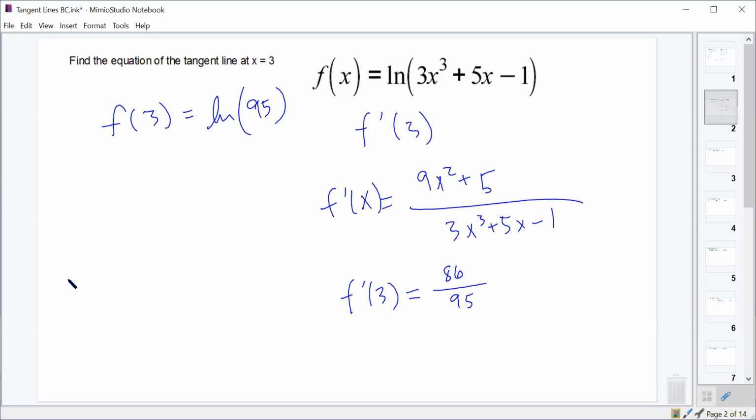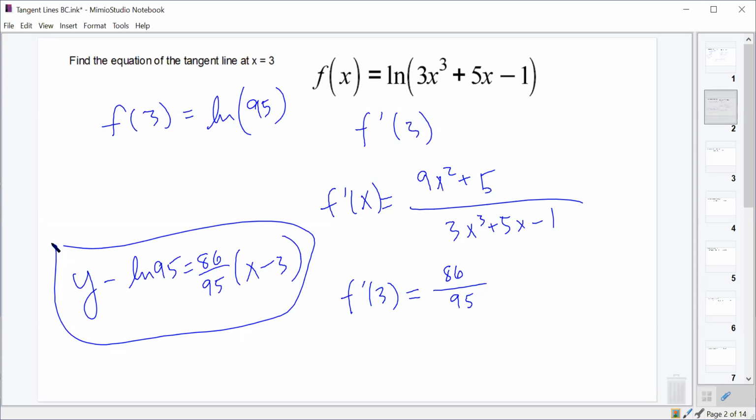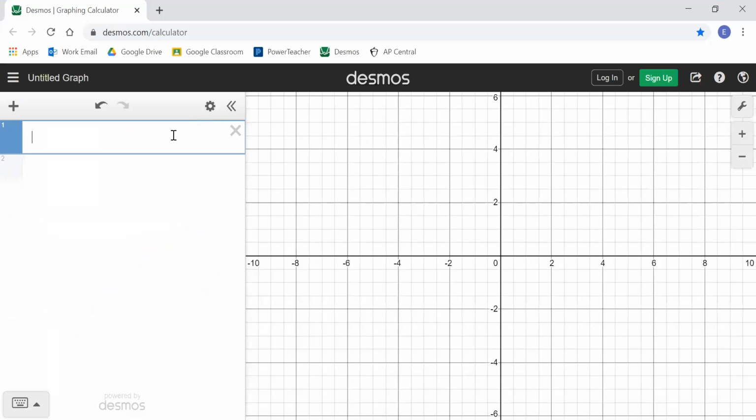You guys agree with that? Does that look good? Did I do my arithmetic right? All good. All right, let's graph this one. That'll be fun. What was our original function?